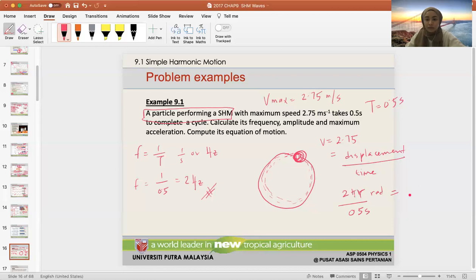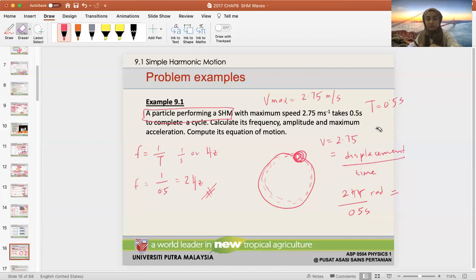Gives me V, but this V is linear. So how should I change it? No one? Okay, so V over R equal to omega.